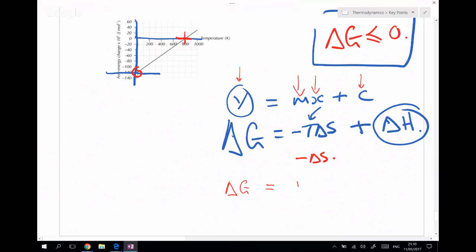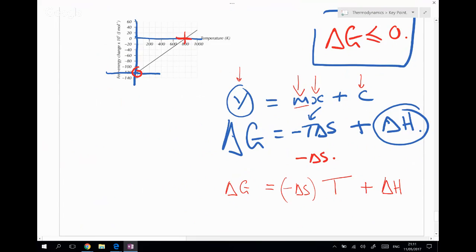So actually, my x value here, the same as the straight line equation, is actually t here. M is minus delta S. That is what my gradient is, and my y-intercept is delta H.